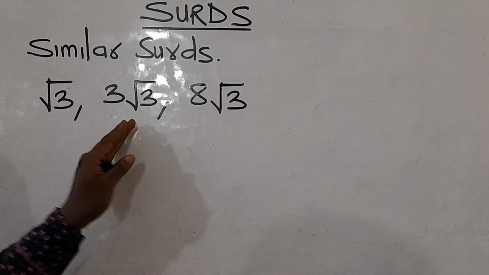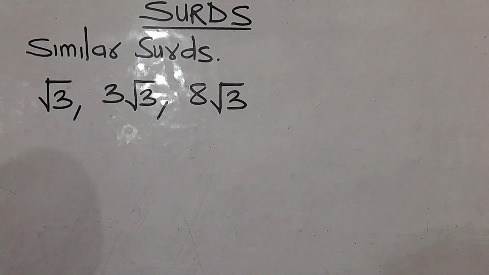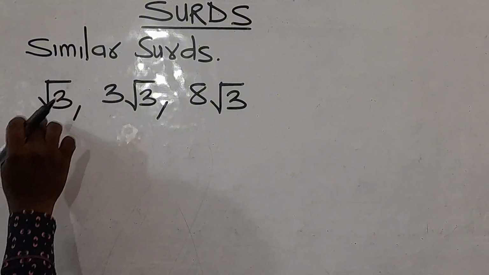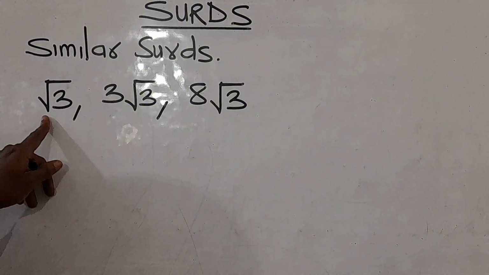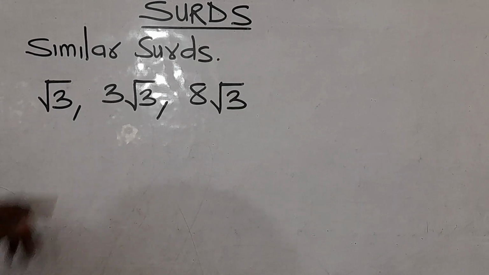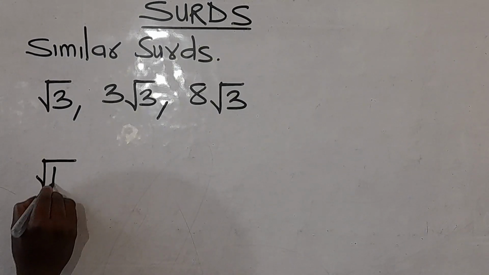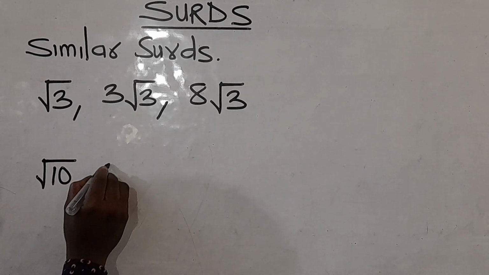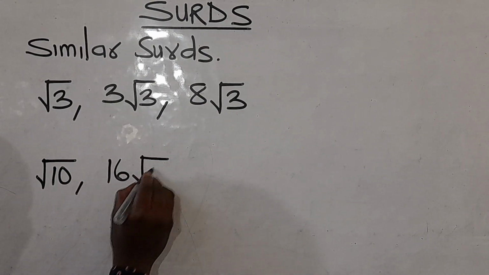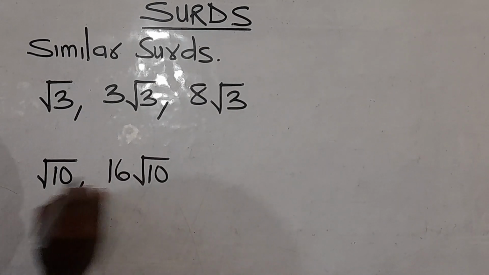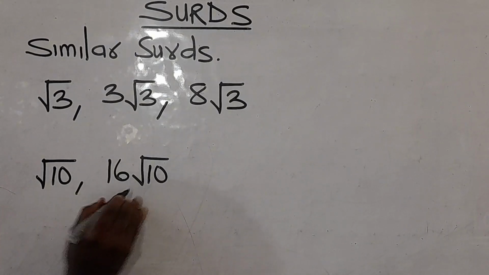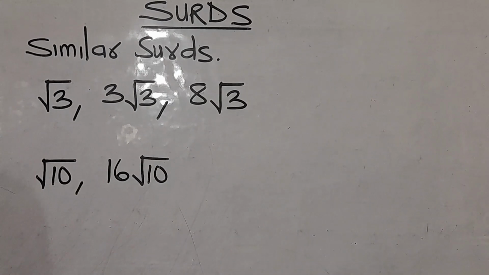All these are called similar surds because they are multiples of the surd root 3. Another example is root 10, 16 root 10. These are similar surds. So similar surds can be manipulated. You can add, you can subtract similar surds.